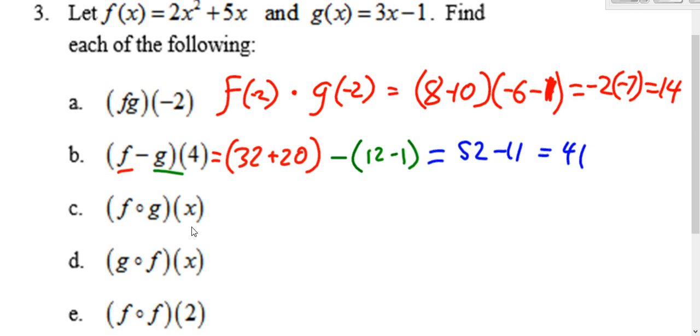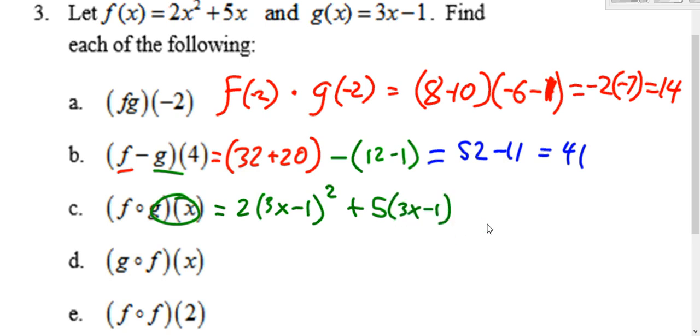F of g of x means you're plugging g of x into f. So 3x minus 1 goes into f. So you replace the x with 3x minus 1. You replace the other x with 3x minus 1.